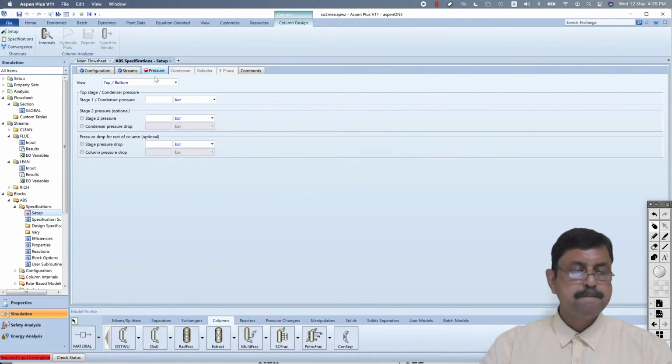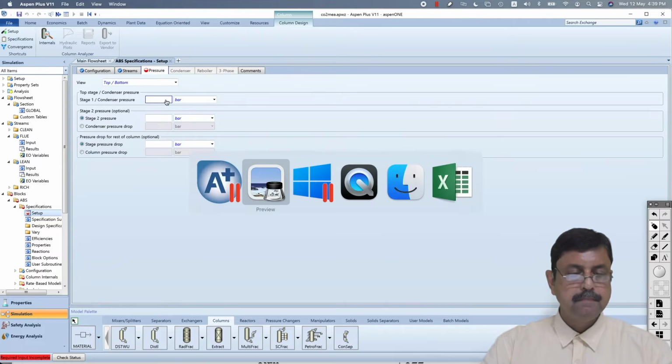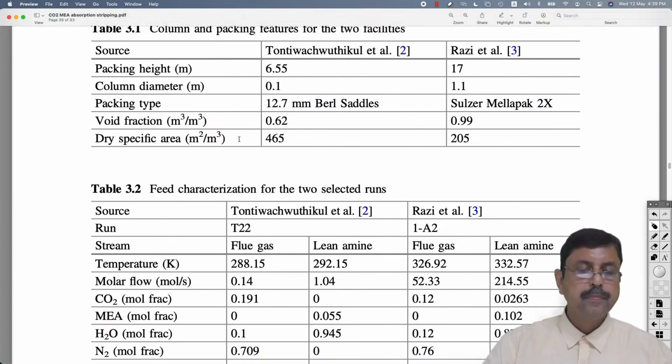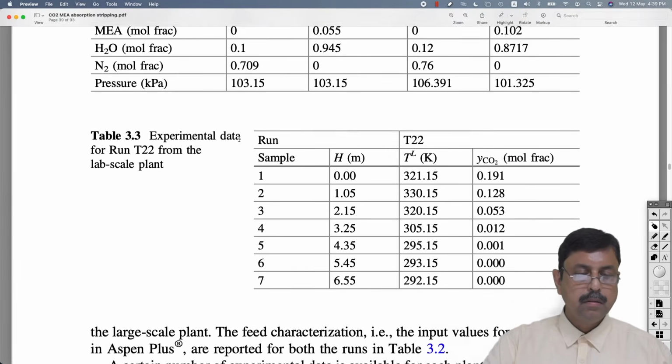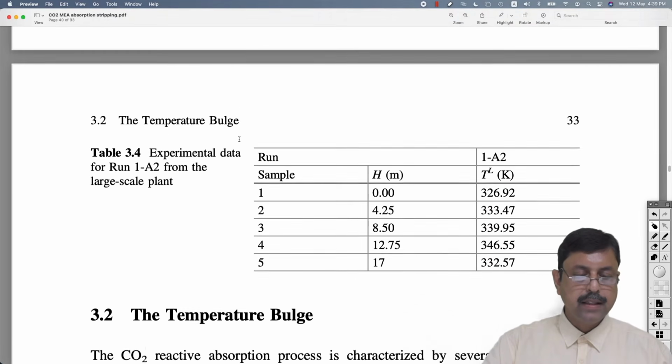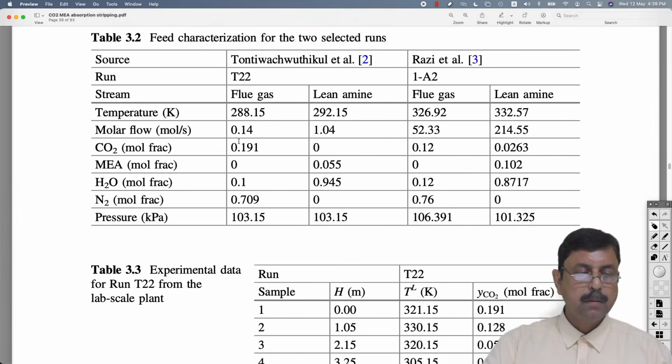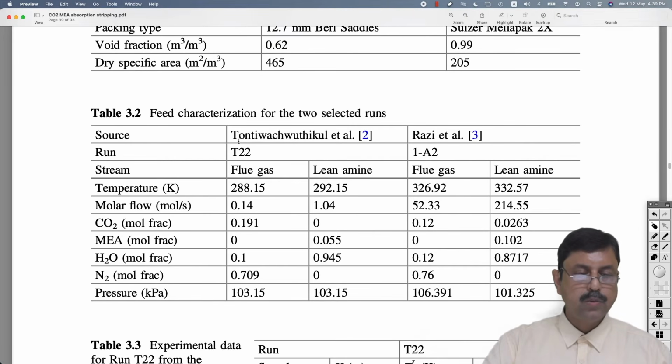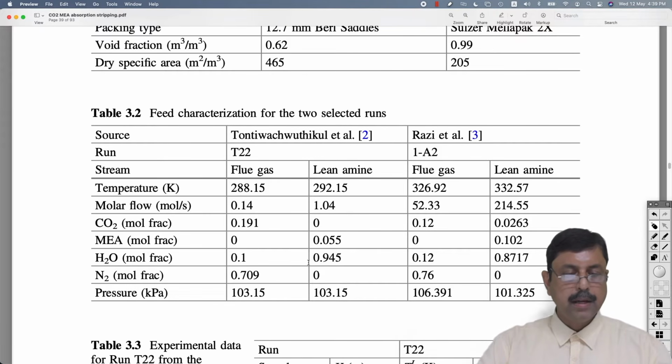Pressure: they have not said anything about the pressure at the stage 1. Let us keep the pressure at the stage 1 as 103.15 kilopascal because lean amine is being inserted from the stage 1 at that pressure.